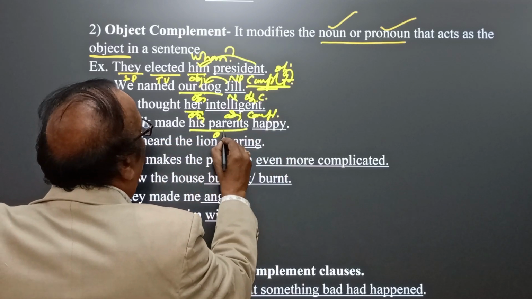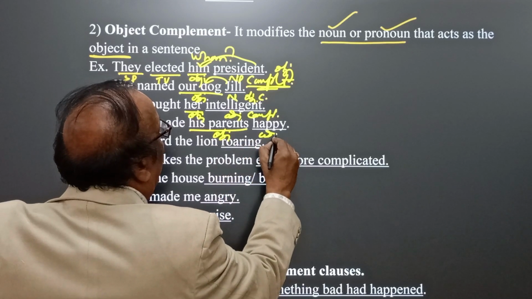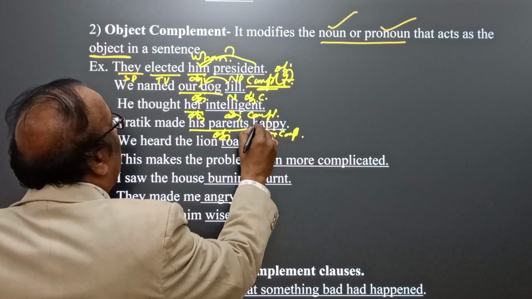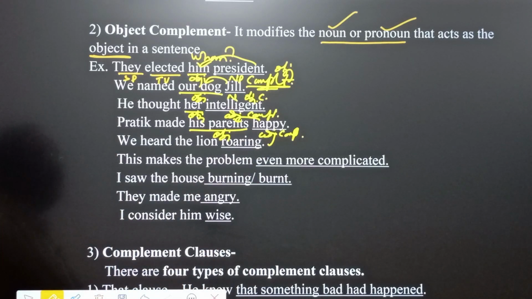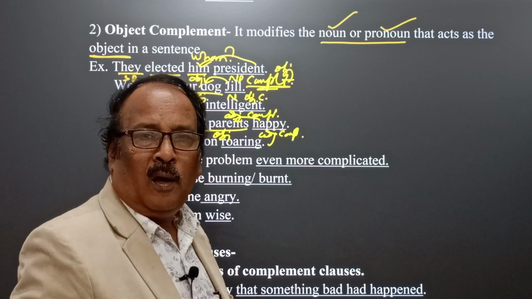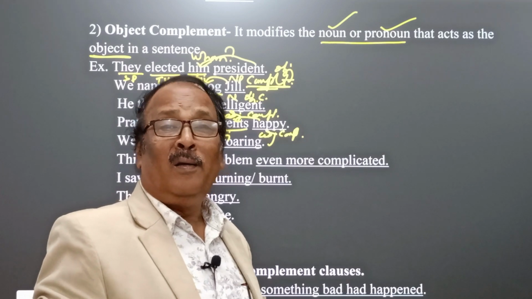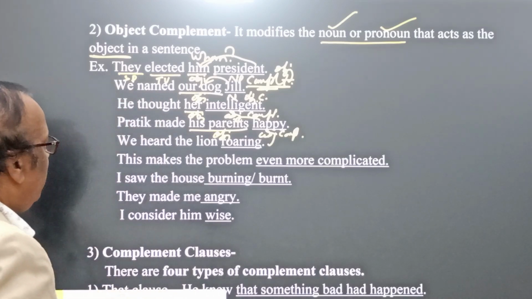His parents, object, and happy, adjective and adjective complement. So remember here, Pratik made his parents happy by getting his target or earning money or name, fame, etc.